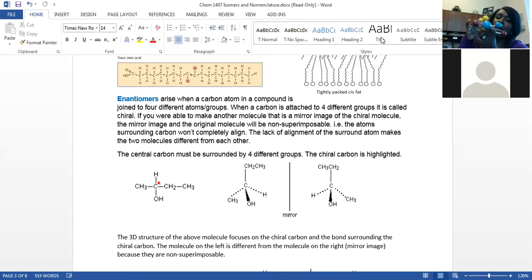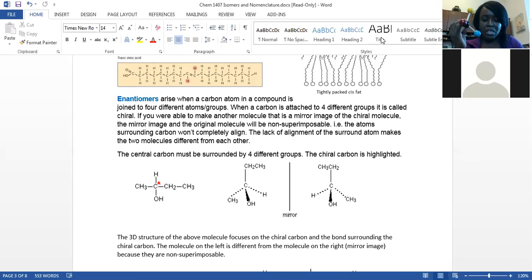And so why do we want to recognize that these molecules are actually different from each other? Because when it comes to making molecules in the lab and synthesizing drugs and stuff like that in the lab, it's important to know which isomer you're getting. If your goal is to get the isomer on the right, but you get the isomer on the left, you have problems, okay?